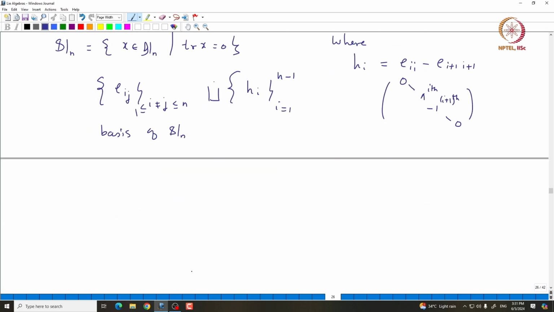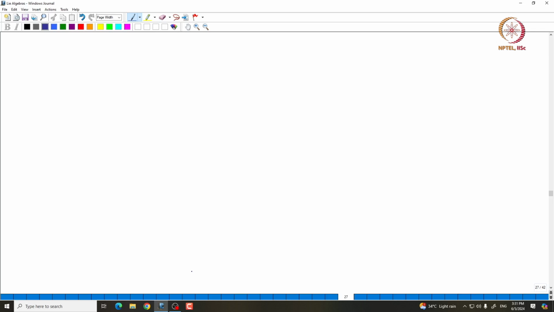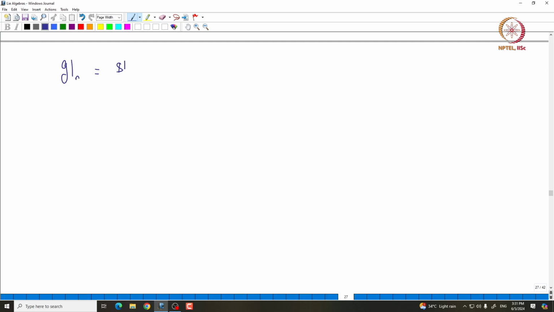So, now using this we will determine the structure of GL_n and SL_n. It is easy to see that GL_n is the direct sum of SL_n and this one dimensional subspace, which is indeed an ideal inside GL_n, spanned by the identity matrix I_n. So, I_n is the n by n identity matrix.